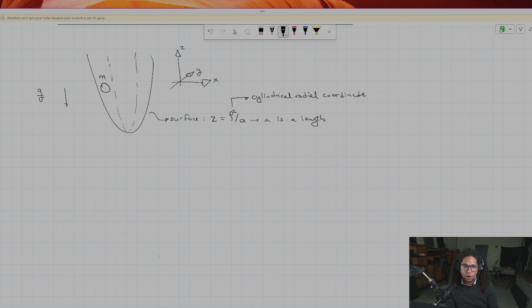Okay, so this problem lives in 3 dimensions, but how many dimensions do I actually need to describe the motion? I only need 2 generalized coordinates.